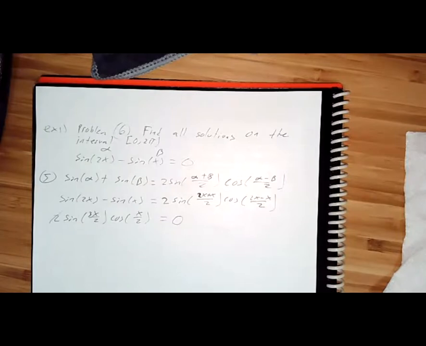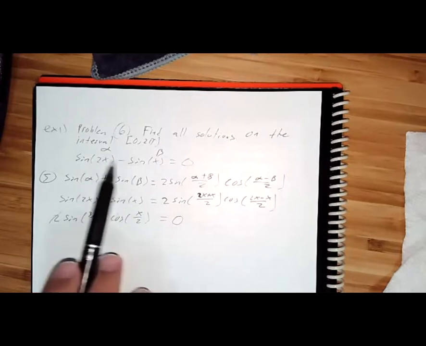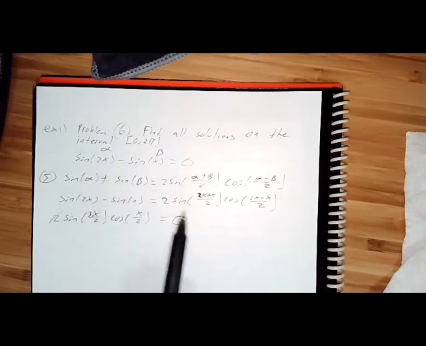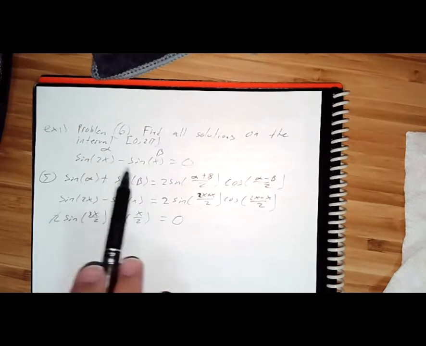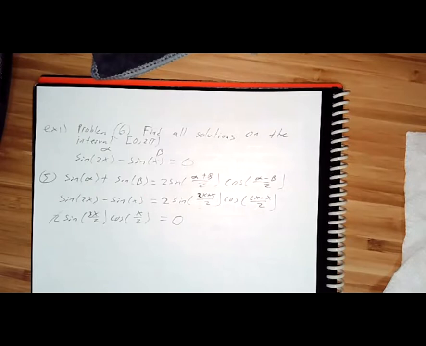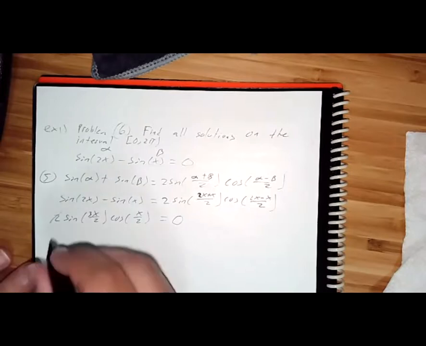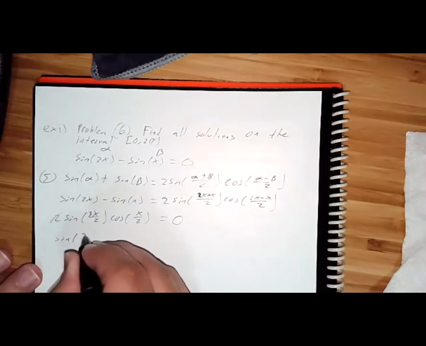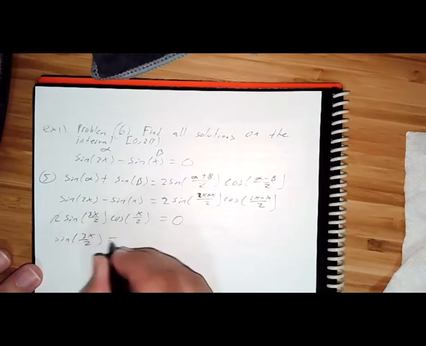Now, are you guys with me up until this point? I applied the formula on the left-hand side. I got this part. So now this is equal to 0 instead of this. That's all we've done. Is that cool? All right. So when you have a product equal to 0, you're able to set this to 0.